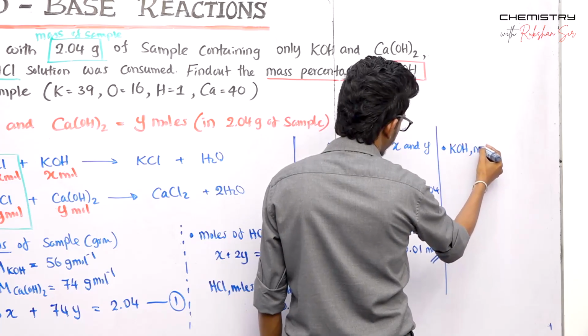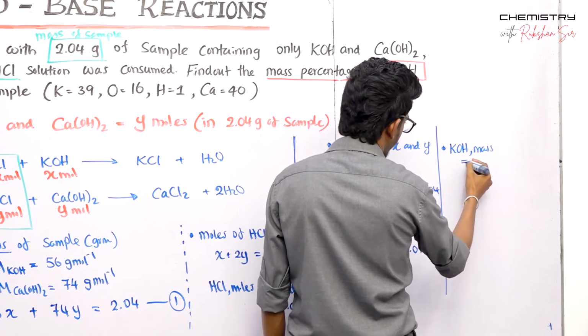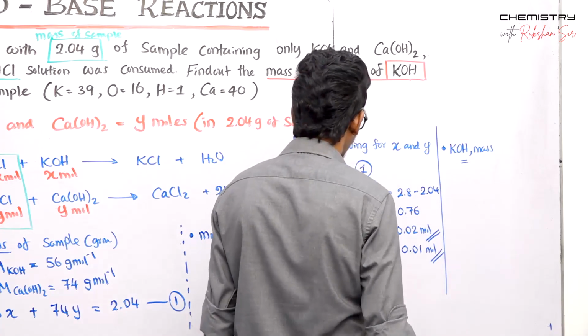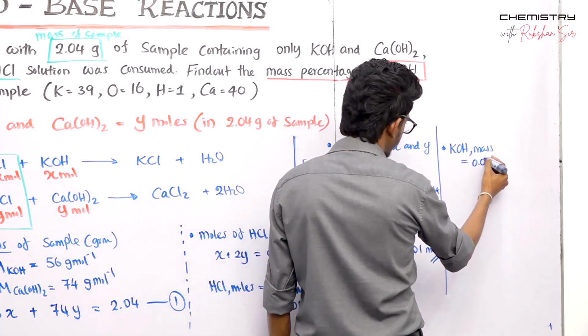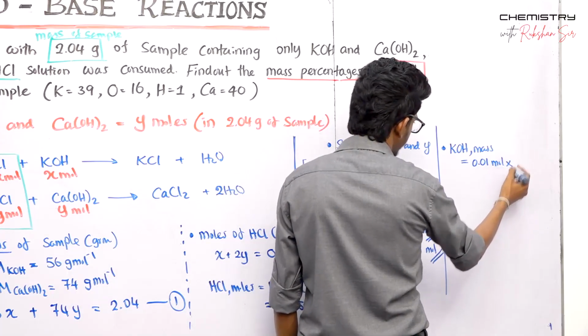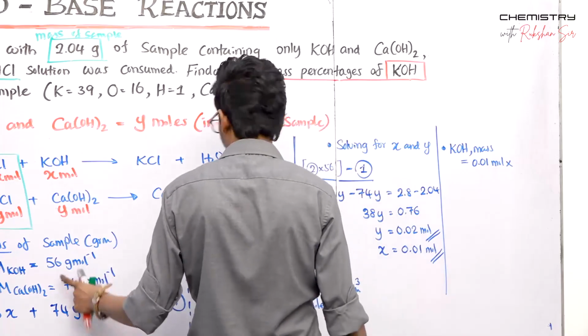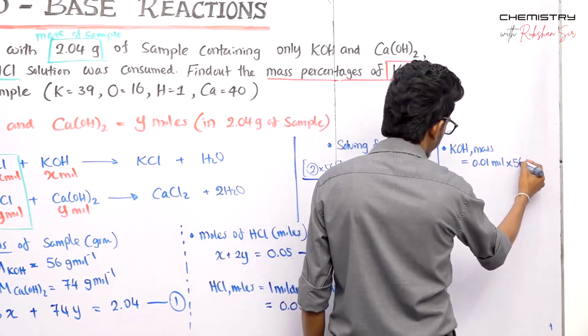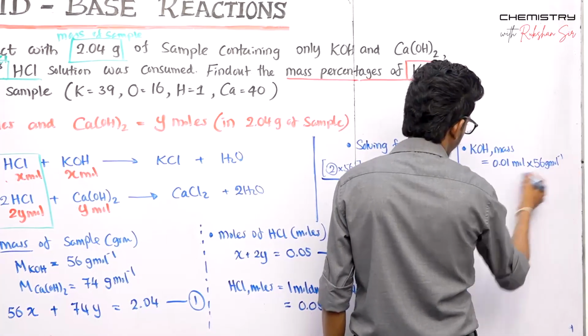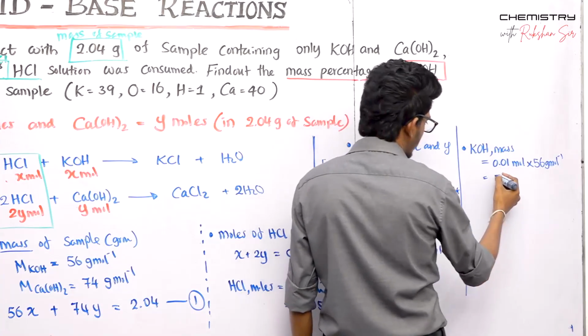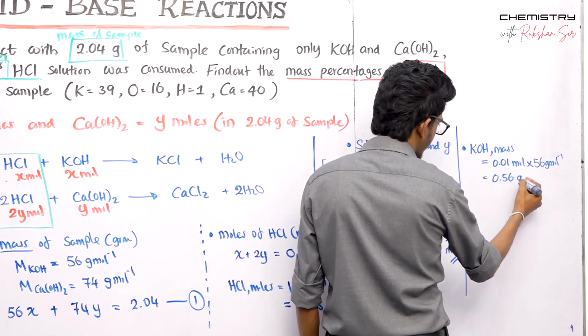So KOH mass is equal to the number of moles, 0.01, times the g mol^-1 value for KOH, which is 56. So the KOH mass is 0.56 grams.